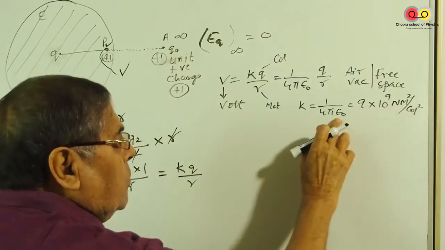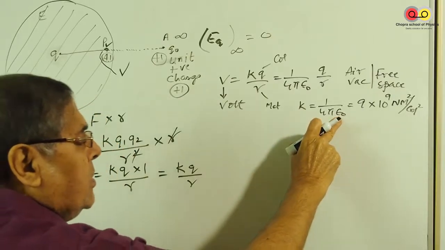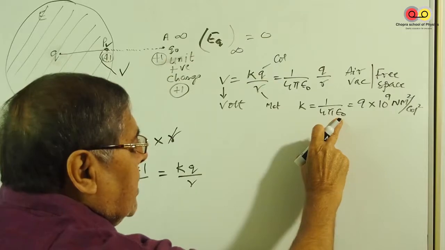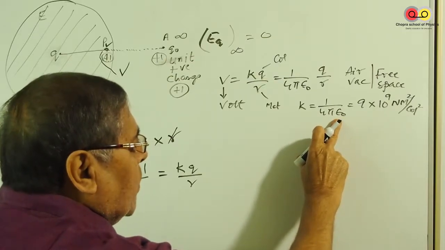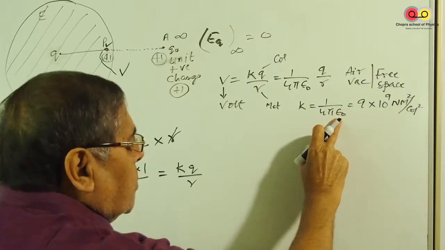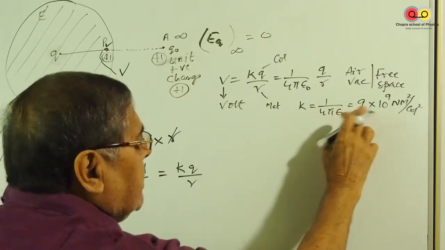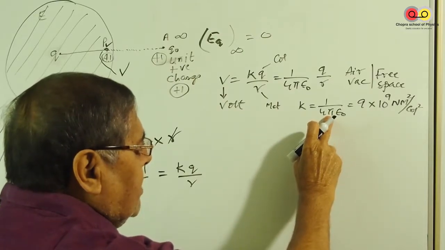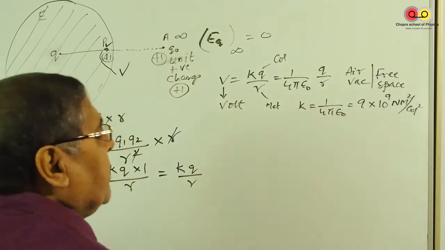To get this value, we compute the value of epsilon naught as I have explained in my earlier lectures. It is 8.854 into 10 to the power minus 12. So K is 9 into 10 to the power 9, with pi as 22 over 7 or 3.14.